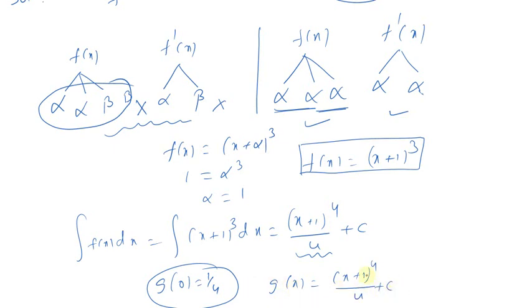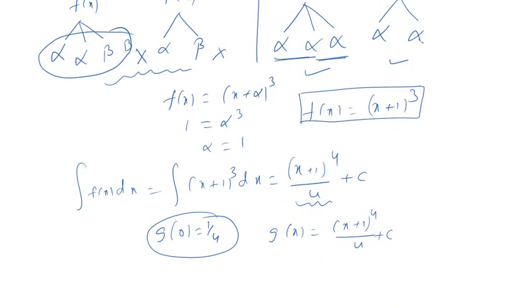To maintain g(0) equal to 1/4, c must be 0. So g(x) is clearly (x+1)^4/4, since g(0) is equal to 1/4, the value of c must be 0.